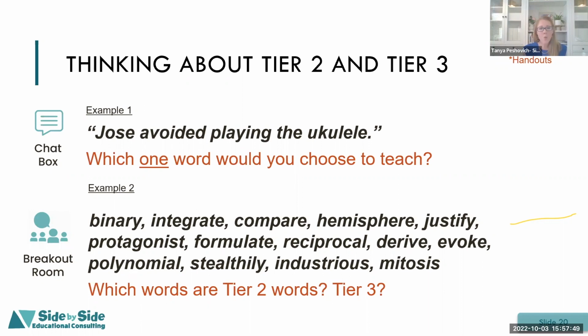So be thinking about what are the words that can be used across multiple contexts. What are those words that might be part of another family of words? Those words that might have multiple meanings. So you're going to go ahead and go through that list, and I'll have you work with a partner to do this.